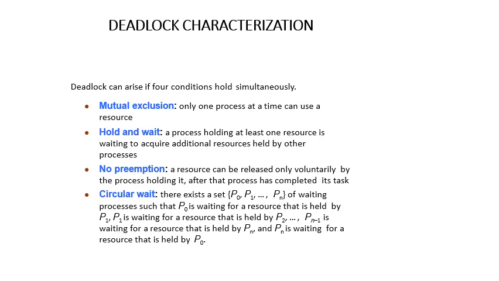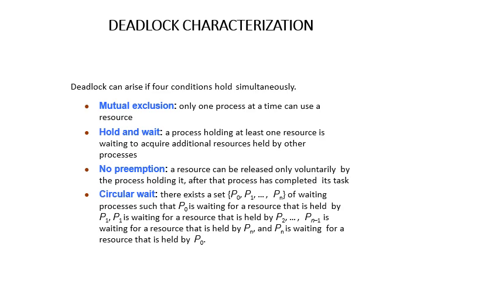Next, coming to circular wait. Suppose there are n processes, P0 to Pn, waiting for some resources. P0 is waiting for P1 to release a resource, and until P1 releases the resource, P0's execution will not be completed.